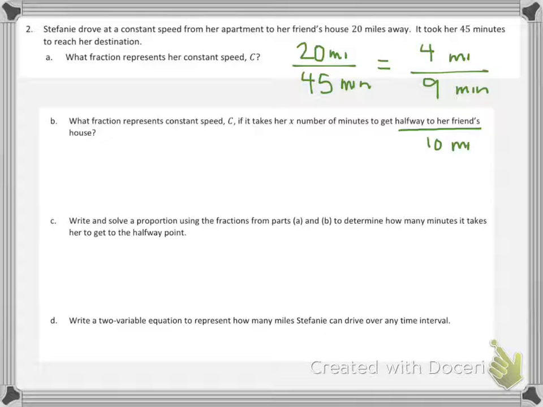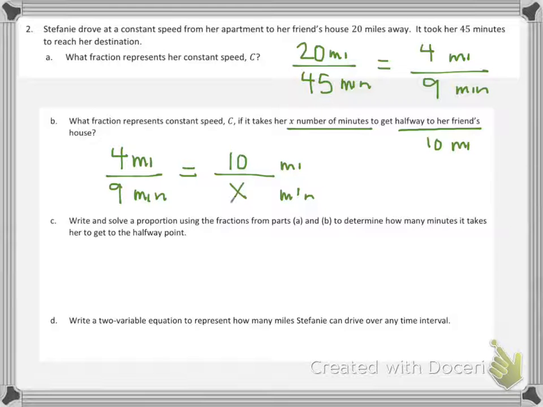I'm going to use our constant speed, 4 miles in 9 minutes. And I'm going to create a proportion, an equivalent ratio that also compares miles to minutes. And we know the number of miles. So the number of miles is 10, so I'm going to put a 10 on the mile side. That's the numerator this time. And X is the number of minutes, so that X goes there.